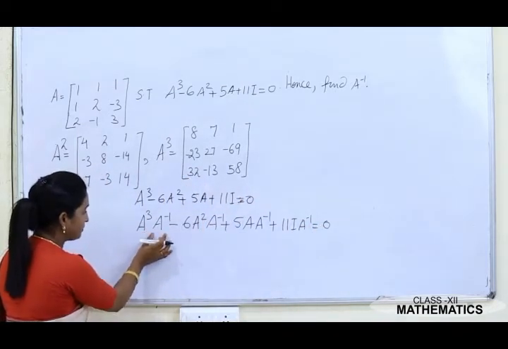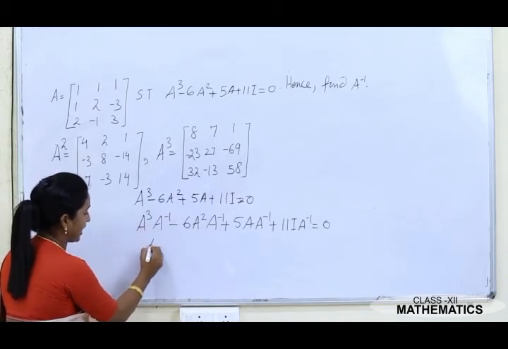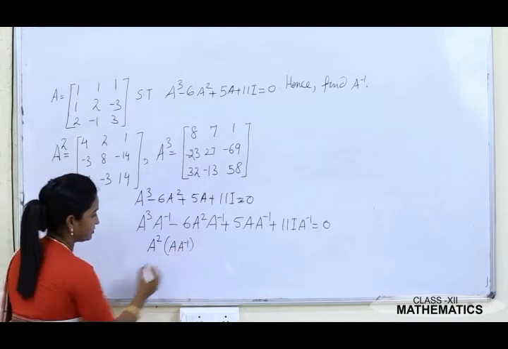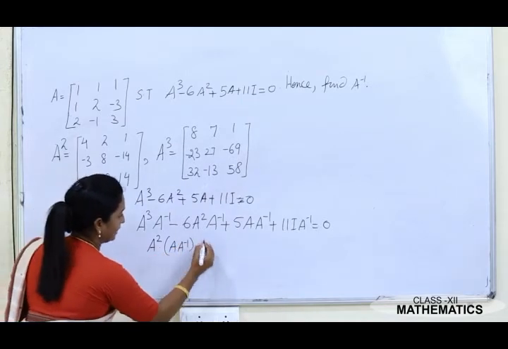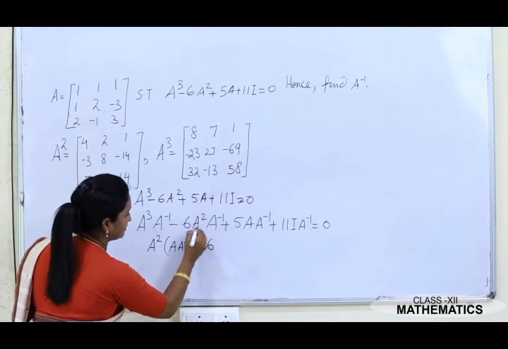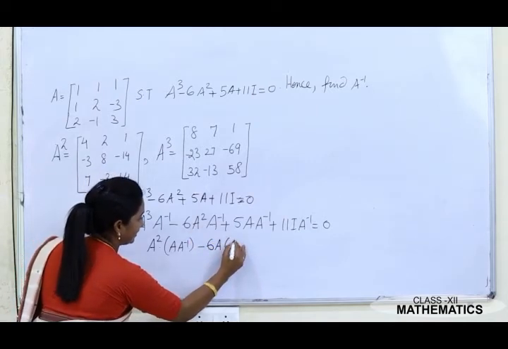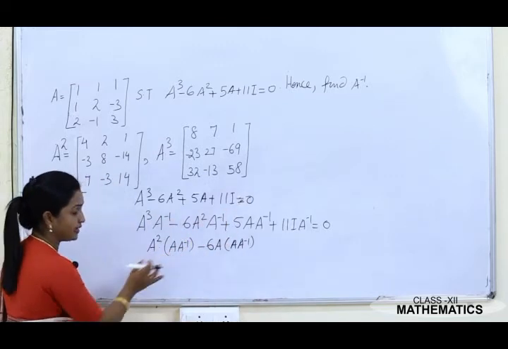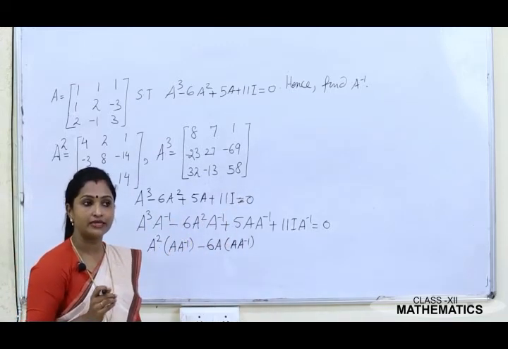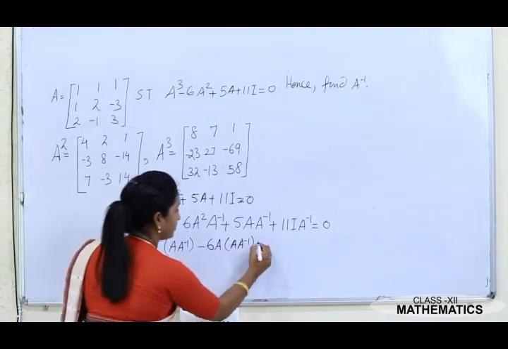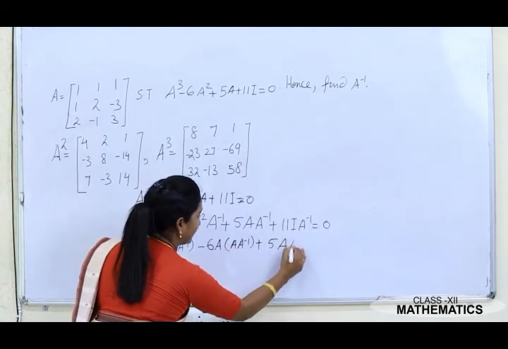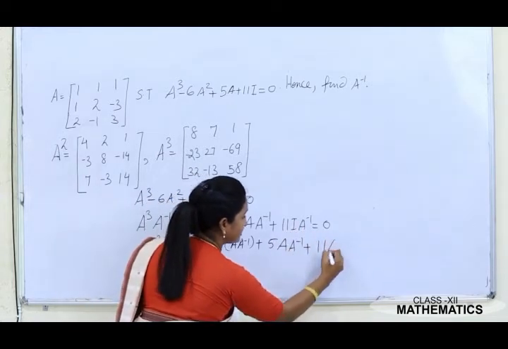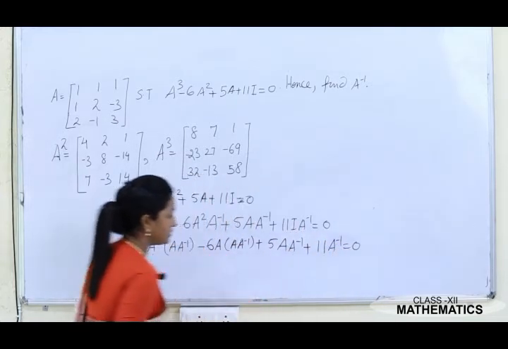Okay. Now I am combining. What I am doing, I am splitting a cube as a square into a. I can do like this. Okay. Minus 6, again here I am splitting it to a a inverse. One a I am combining with this, so that in place of a a inverse what can we write? I. Okay. Now plus 5a inverse plus 11i into a inverse is a inverse, that equal to 0.